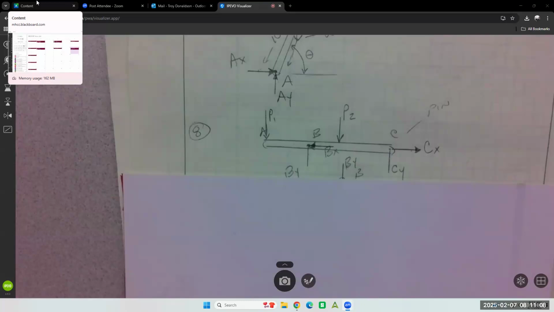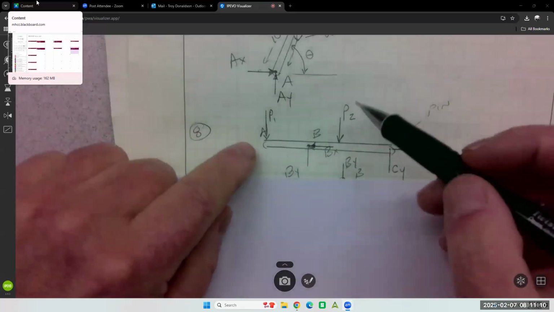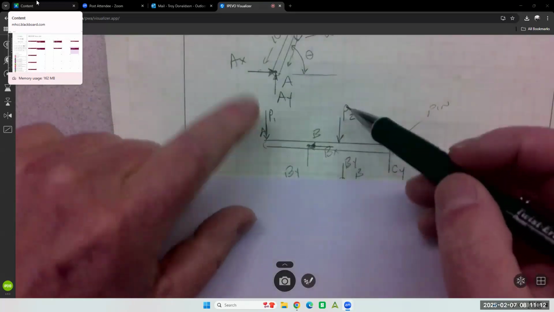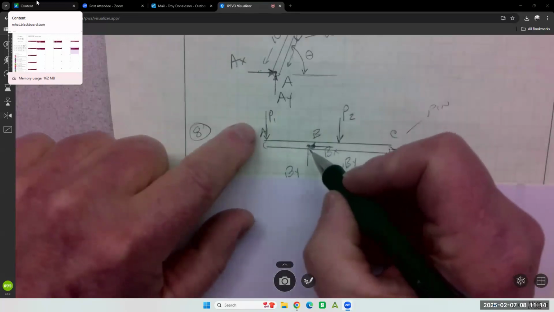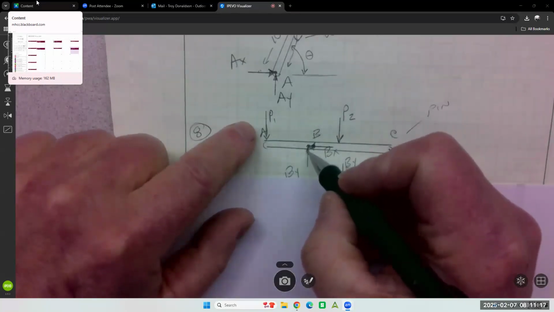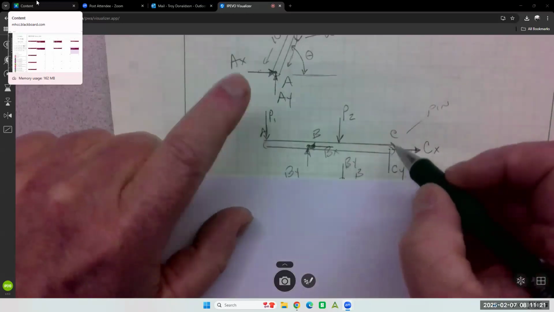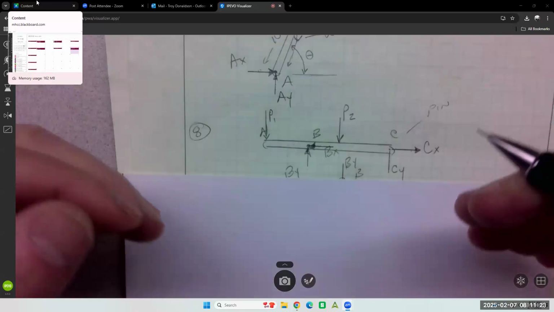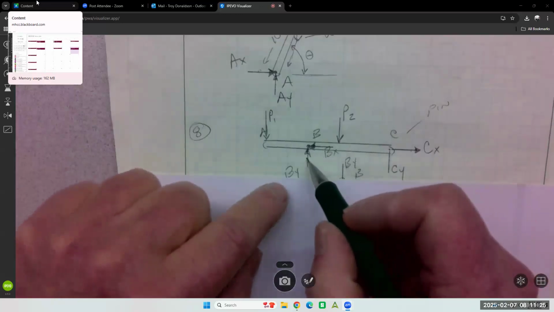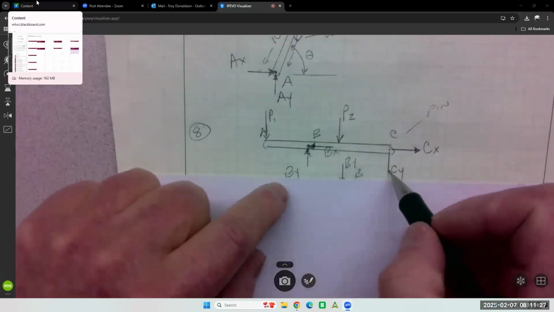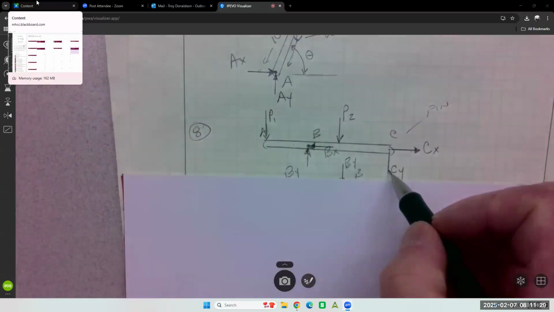Okay, same with the Y. I'm gonna look at this and go, okay, there's some coming down, so maybe BY goes up. But CY might go up to hold it in equilibrium, but if this is really big, CY could go down. There's too many unknowns.